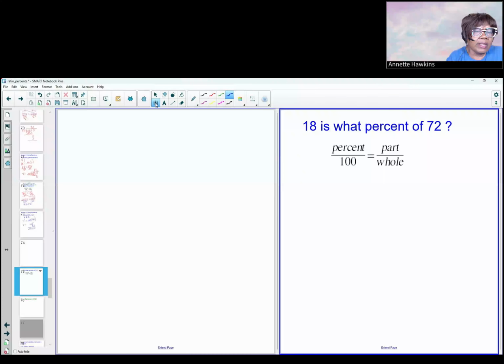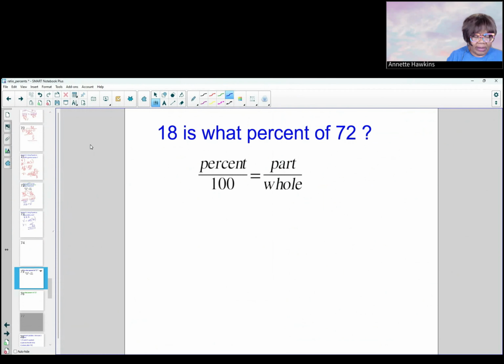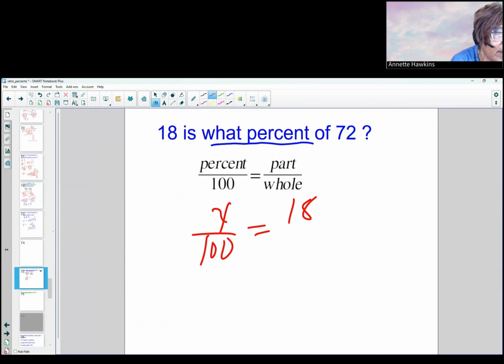All right, let's take a look at this one. 18 is what percent of 72? Okay. Now it says what percent, so we don't know. The part is 18 and the whole is 72.